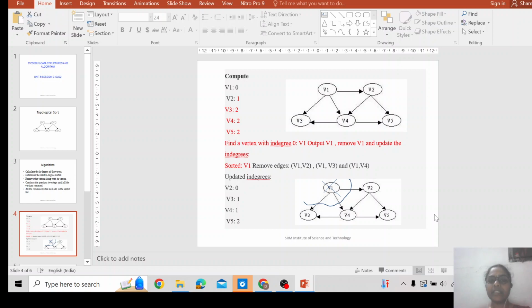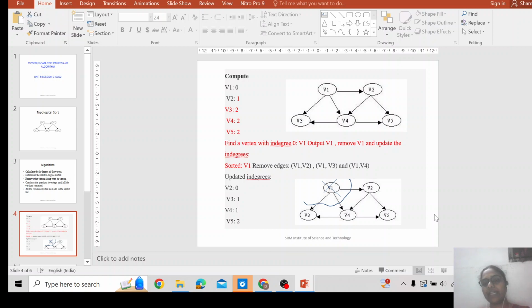Out of this we select the least in degree vertex, that is V1. So V1 will be removed along with its edges, and you will have the updated graph. The vertex V1 is added to your sorted list and its edges are removed from the graph.